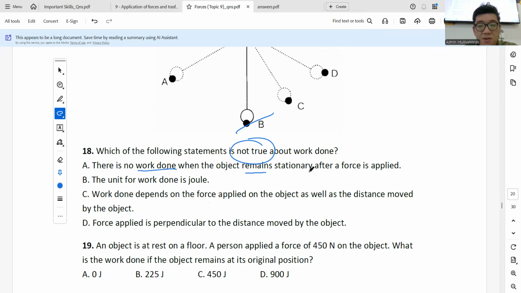That's true, no work done, remain stationary. If it's perpendicular, then there's no work done. So it cannot be perpendicular. It's parallel actually. That's what makes it not true. Should be parallel.